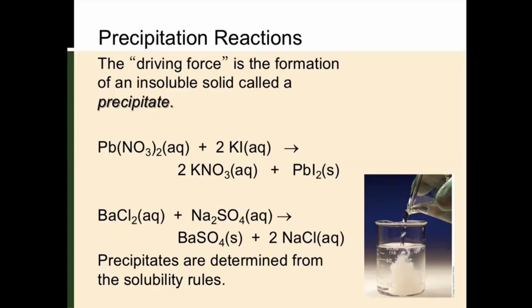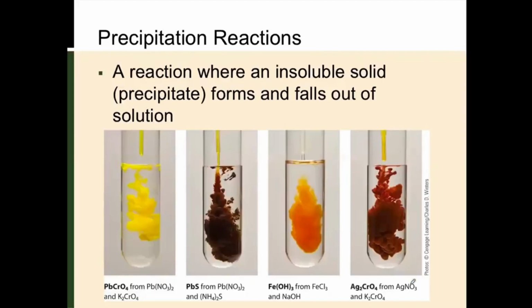As you pour in one of your solutions, for example the barium chloride into the sodium sulfate, you will see that you form this white cloud, and that is caused by the formation of the barium sulfate. Here are some others. A precipitation reaction is a reaction where an insoluble solid precipitate forms and falls out of solution. We have lead chromate on the left-hand side here, from a solution of lead nitrate and potassium chromate.